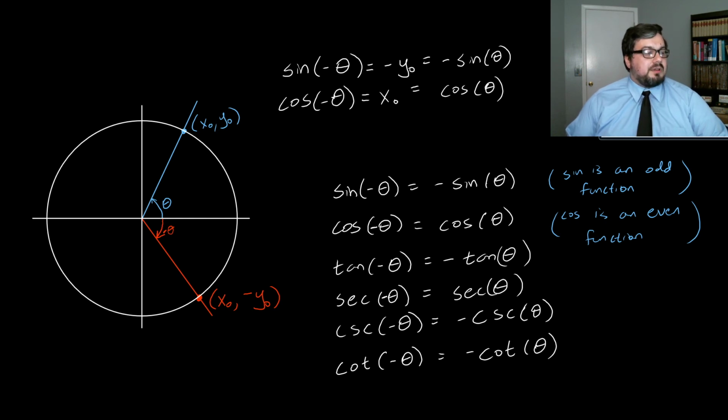Let's now start looking at what the graphs of these functions are. We want to understand what the graph of sine and cosine and tangent, etc., are when we start plotting their values on a normal graph. So we're going to be moving back and forth between what happens on the level of the unit circle and what happens in the graph of the trigonometric functions as functions.